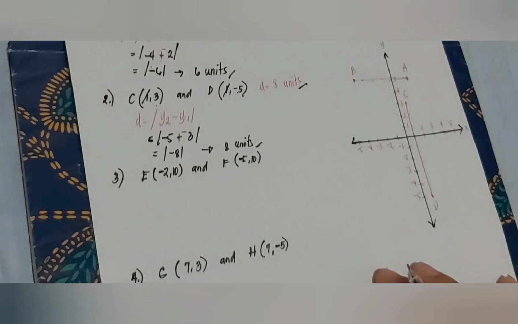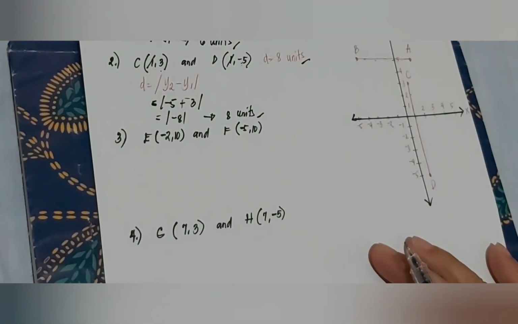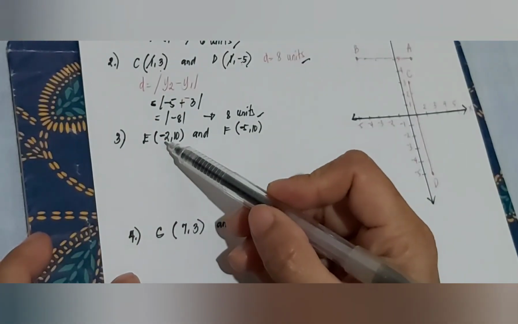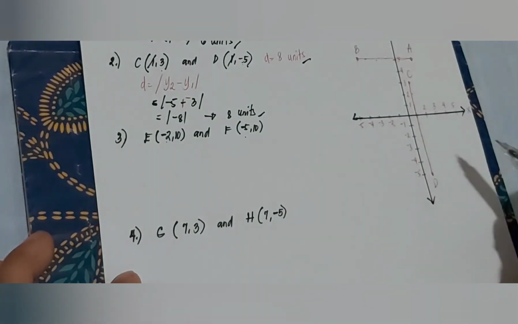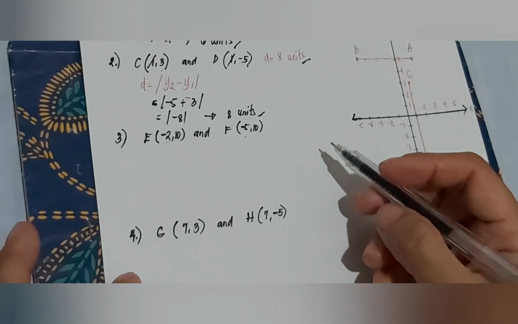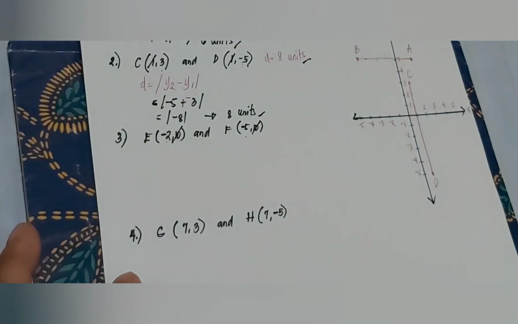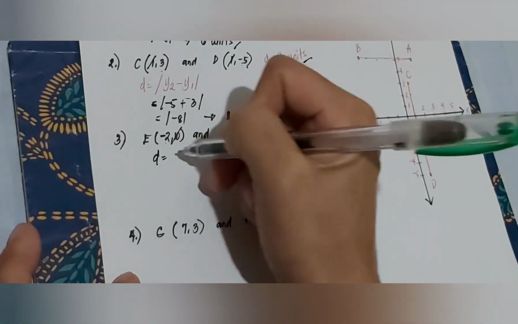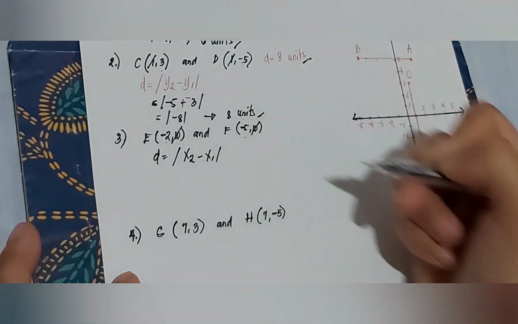Okay? So for the next two, you may pause the video and resume to play when you're done to check your work. Okay, so let's proceed. So we have (-2, 10) and (-5, 10). So what we have in common here is our y's. So pareho ang y. Pwede natin cross out para mabawas sa kalituhan. Then, x ang meron tayo. So the distance is the absolute value of x sub 2 minus x sub 1.